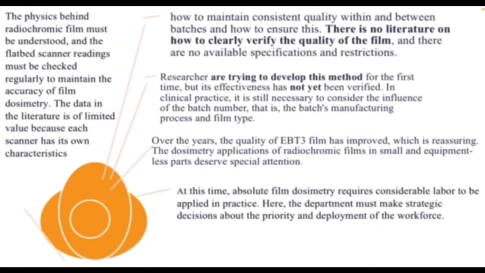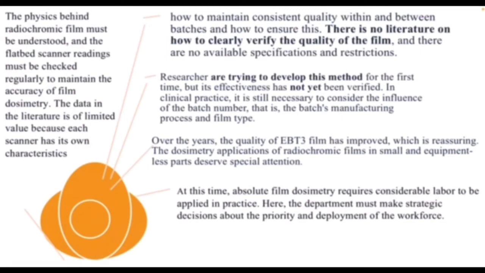Also, the physics behind radiochromic film must be understood, and the flatbed scanner reading must be checked regularly to maintain the accuracy of the film dosimetry. The data in the literature is of limited value because each scanner has its own characteristics. How to maintain constant quality within and between batches, and how to ensure this?